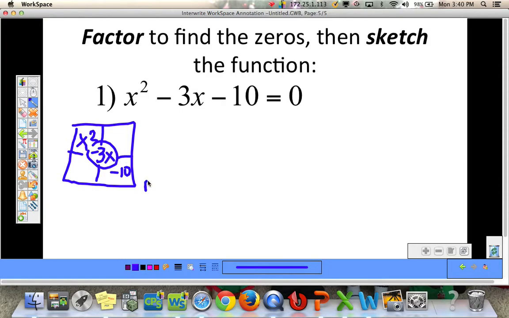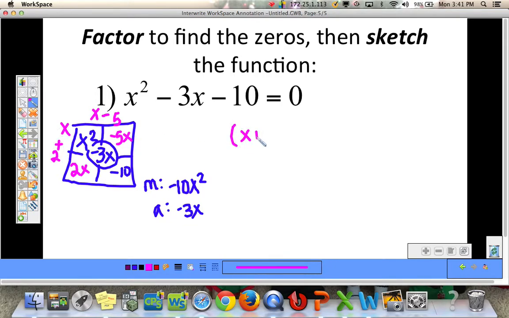What numbers multiply to negative 10x squared that add to negative 3x? That would be negative 5x and 2x. So if we factor, we'll get x minus 5, x plus 2. So here's the first step, factor: x plus 2, x minus 5 equals 0.